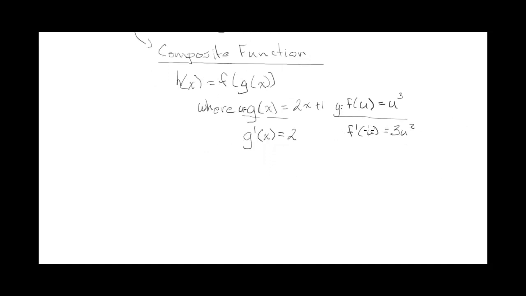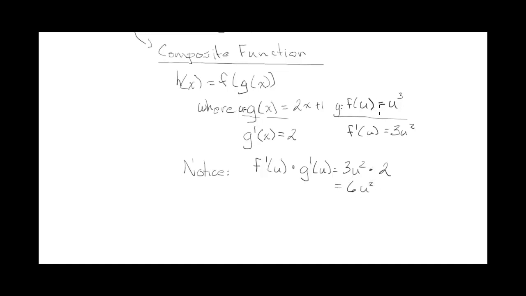So if I were to multiply these two derivatives, notice f prime of u times g prime of x is equal to 3u squared times 2, which equals 6u squared.